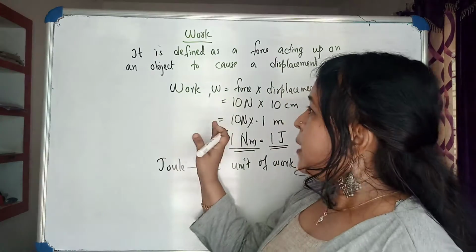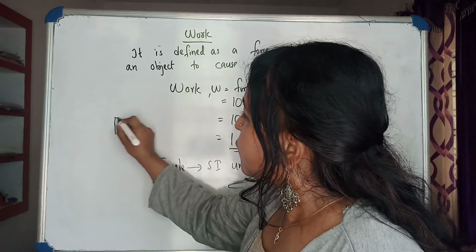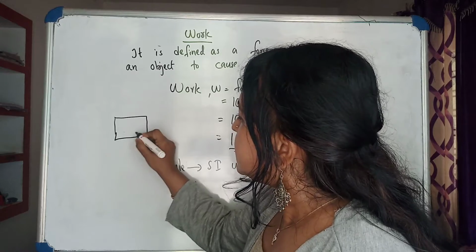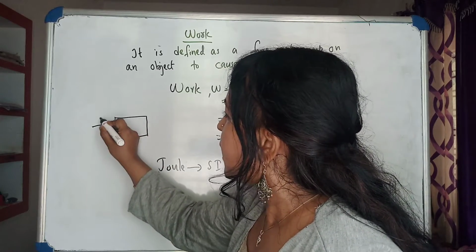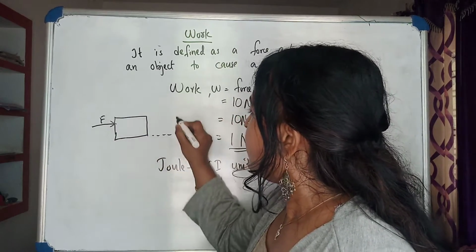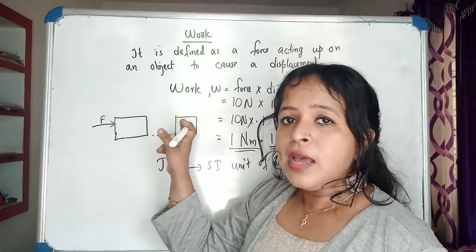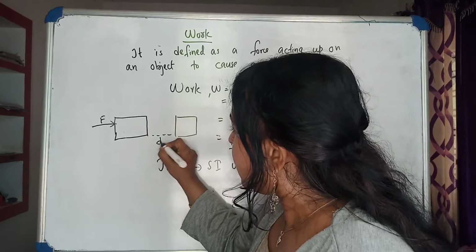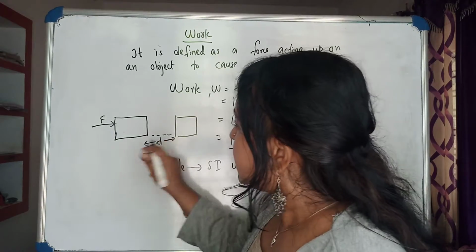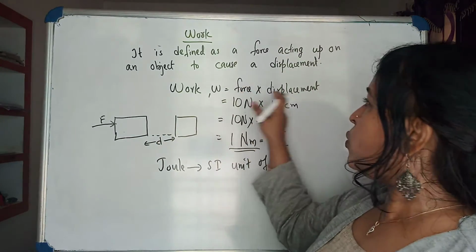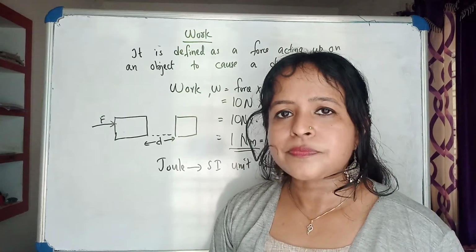Okay. That means if I consider a body like this, and I am applying a force like this, and the displacement of the body is along this direction, that means it is along the direction of force, and the displacement is D, then the work is equal to force into displacement.